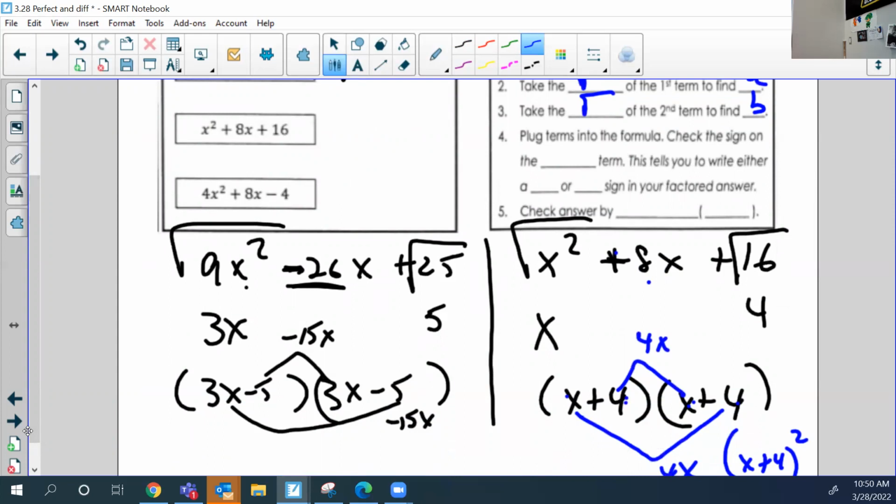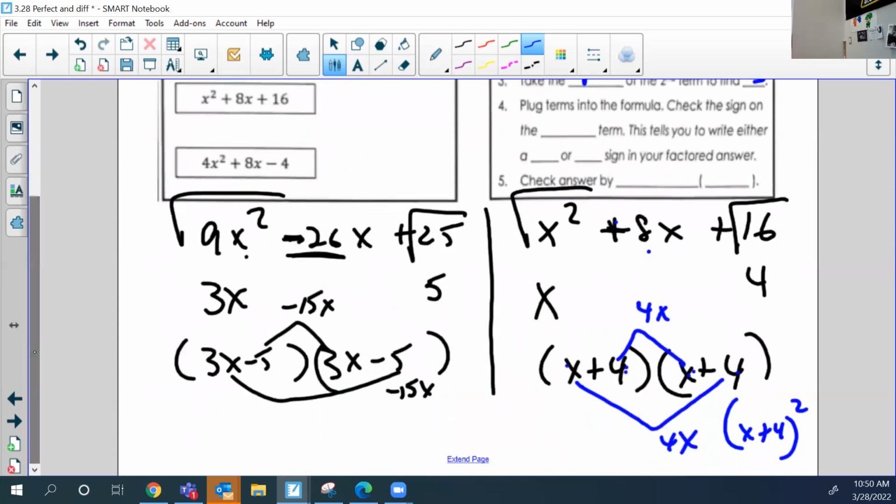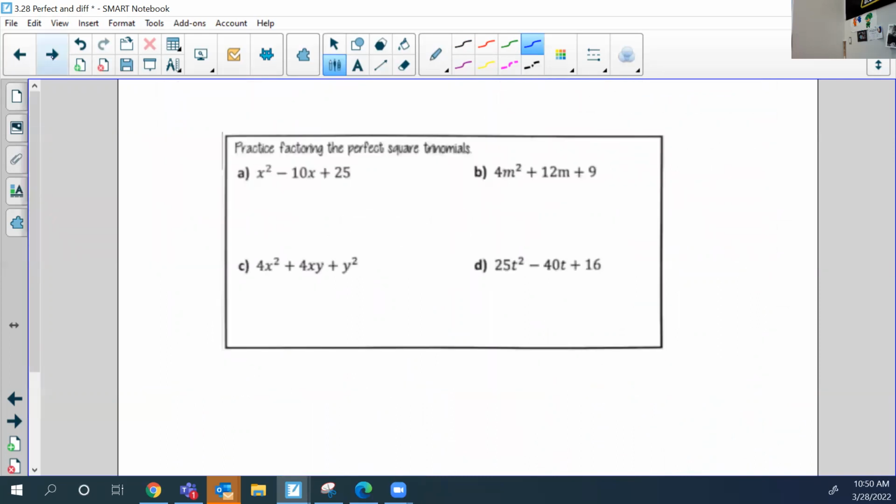Let's see if I can do one more. Let's look at A real quick. We have x squared minus 10x plus 25. The first term is a perfect square. That gives me an x. The last term is a perfect square.